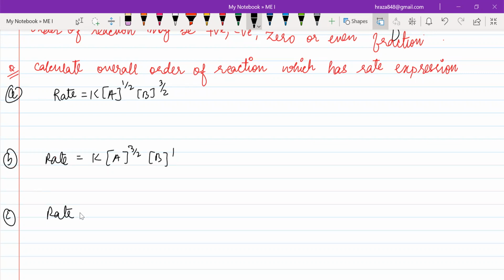Third, the rate is equal to k into A raised to the power 2 and B raised to the power minus 2. Please let me know the order of reaction.